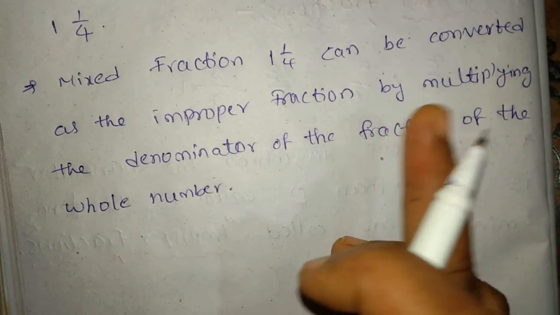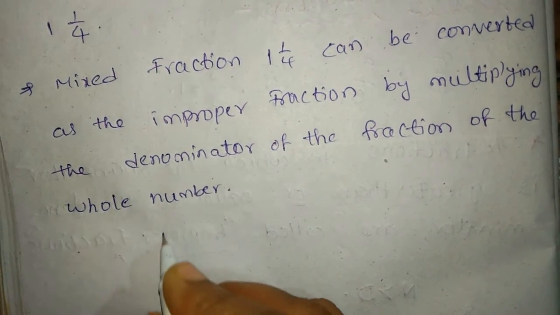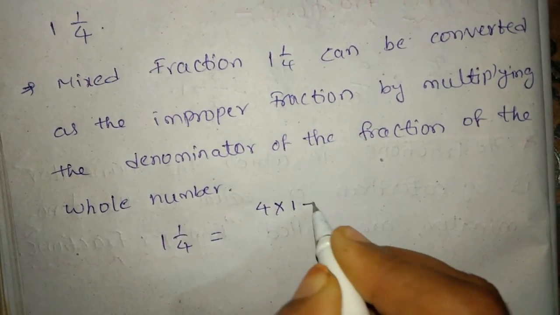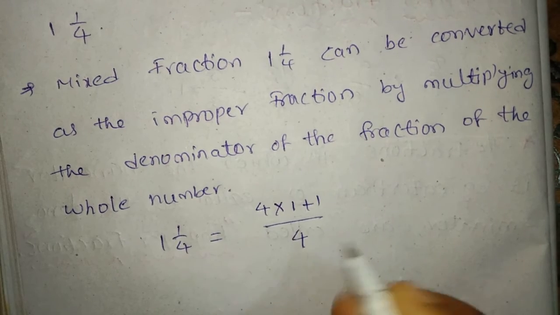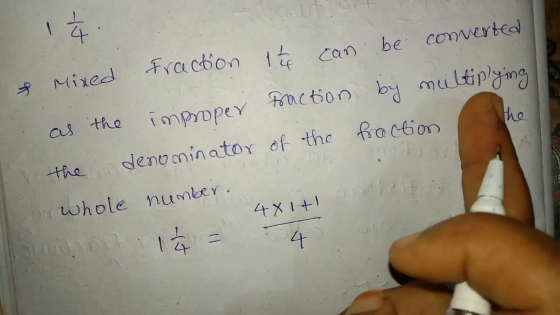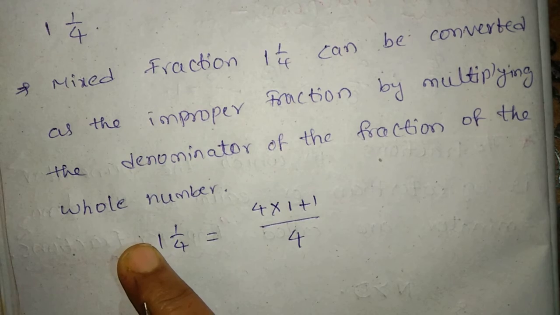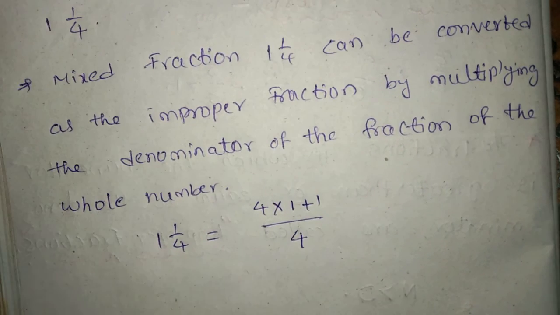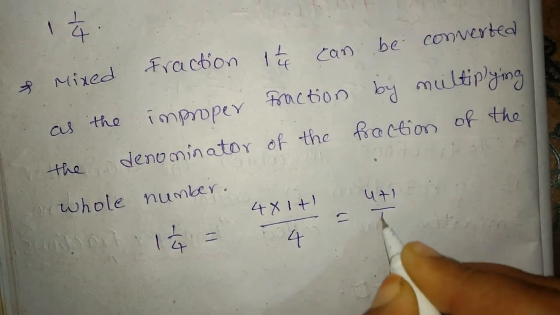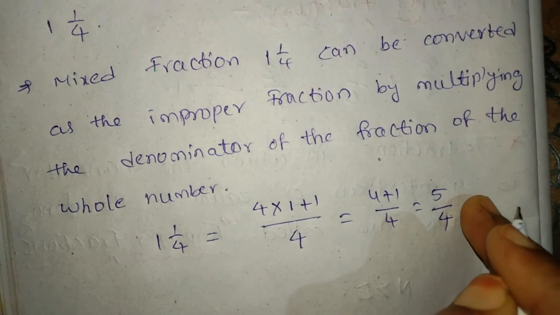So, 1 and 1 by 4 is equal to (4 into 1 plus 1) by 4, that is equal to (4 plus 1) by 4, which is equal to 5 by 4. This is an improper fraction.